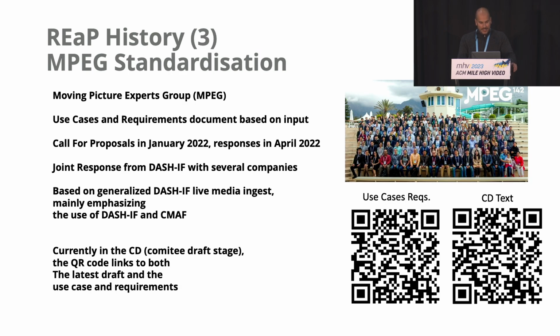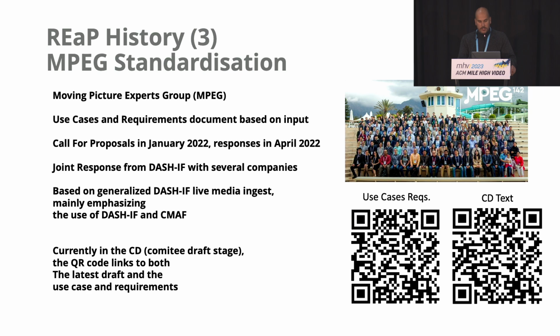More about that later. The third part of the REAP history is the MPEG standardization. Based on the feedback from this workshop, we went through the MPEG process to define use cases and requirements, and there was a call for proposals in January 2022, which had a few responses, including one from the -IF with several companies.